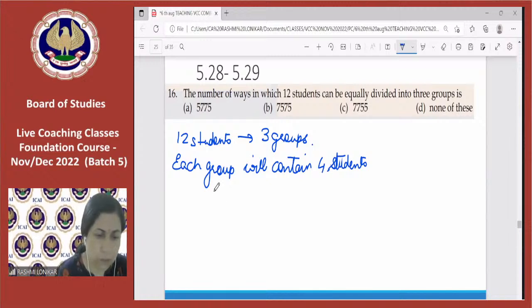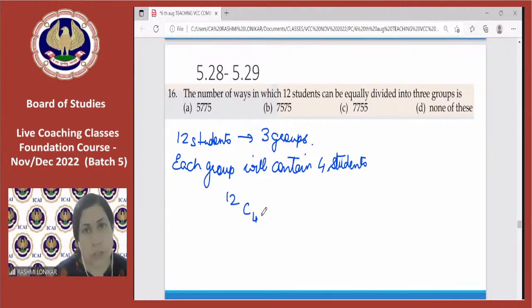So what happens? First 12 students, I put them in one group. So 12C4. One group is formed. Now, how many students remain? 8 students remain. And how many students do I want in that group? 4 students. So 8C4. Again, second group is formed. How many students are left? 4 students.